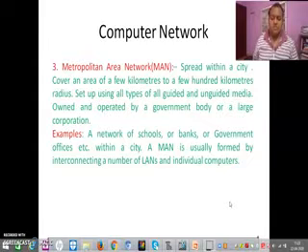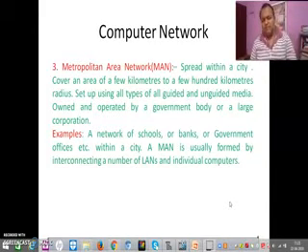Mark my words, it's not the length, it is the radius. It is set up using all types of guided and unguided media, owned and operated by a government body or large corporation, such as a network of schools, banks or government offices within a city. A MAN is usually formed by interconnecting a number of LANs and individual computers.